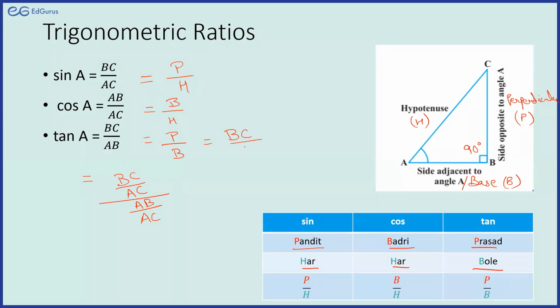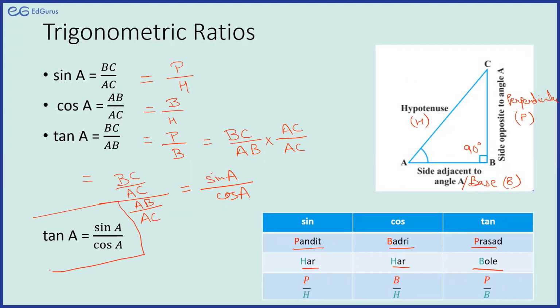BC upon AB, I can multiply top and bottom by AC. So BC upon AC divided by AB upon AC. And BC upon AC is what? That is sine A. AB upon AC is cos A. So tan A is nothing but sine A upon cos A. Okay, so this is the relationship between tan, sine, and cosine. Okay, so far so good. Any doubts?